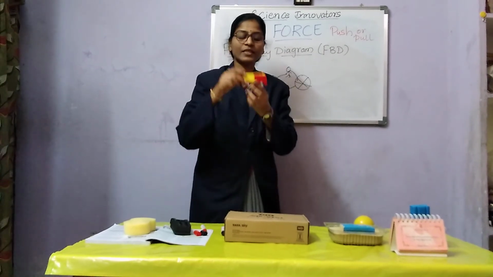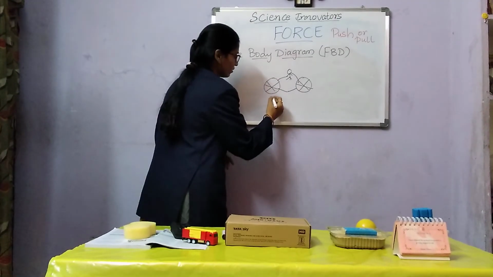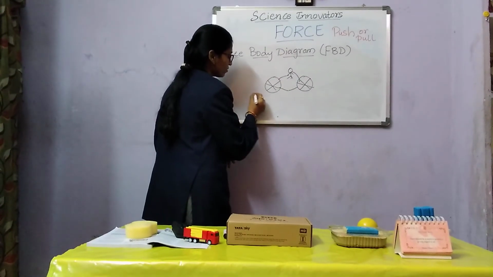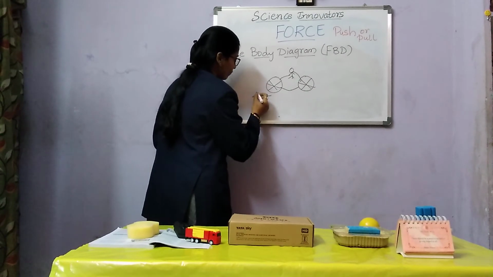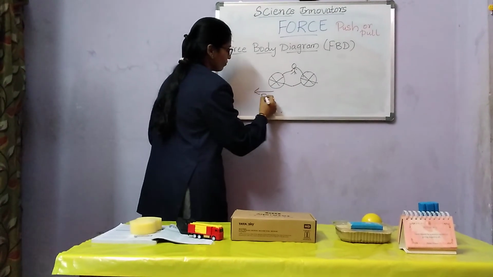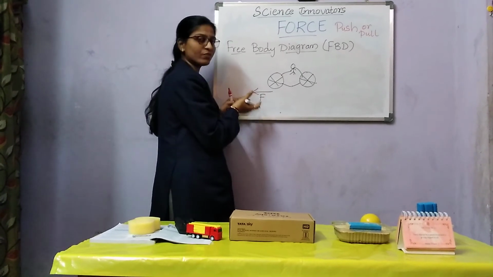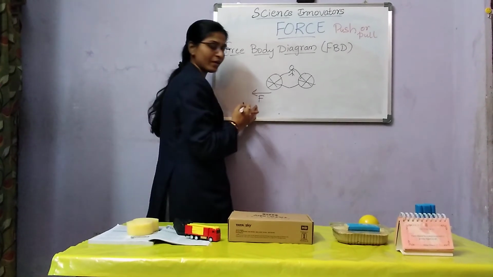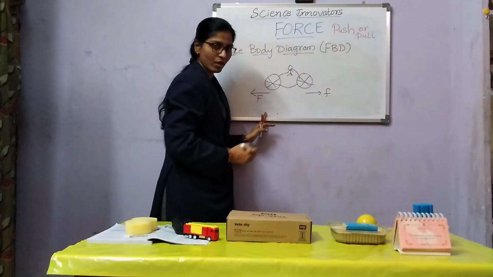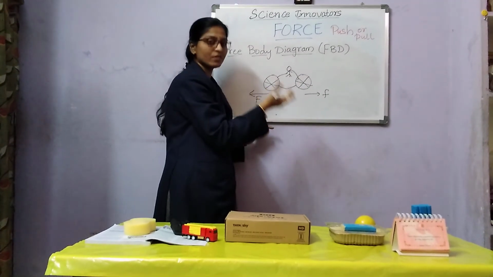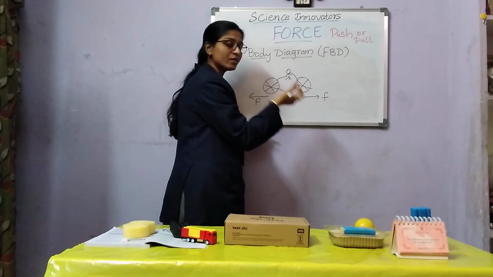Now we will show it with the diagram. So here, the force of the engine moving the vehicle towards the front is capital F, and the force denoted by small f is the frictional force which makes the vehicle stop, applied by the ground.